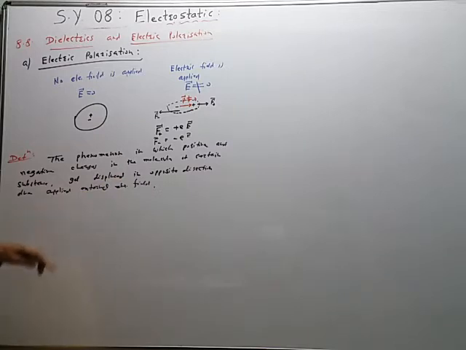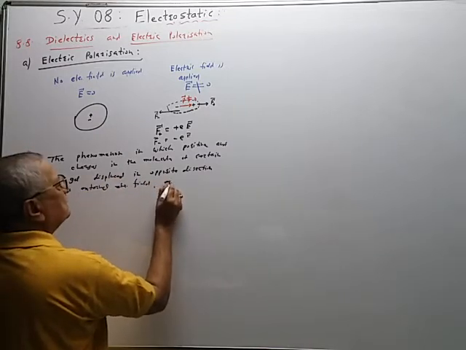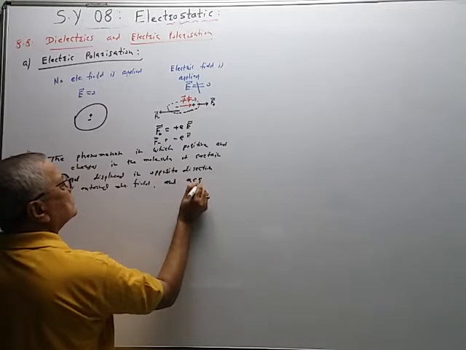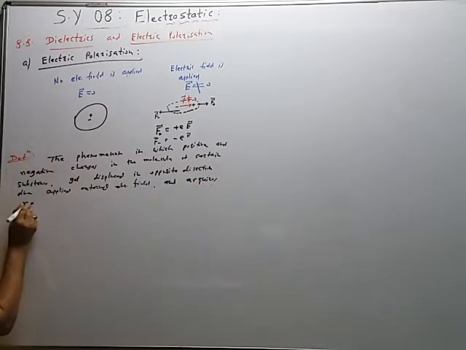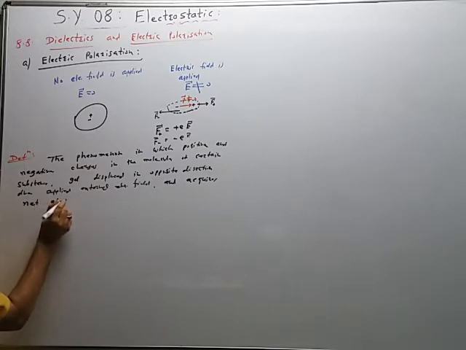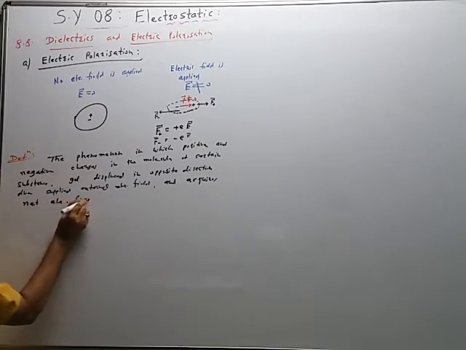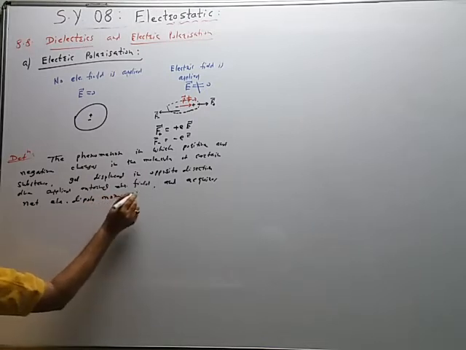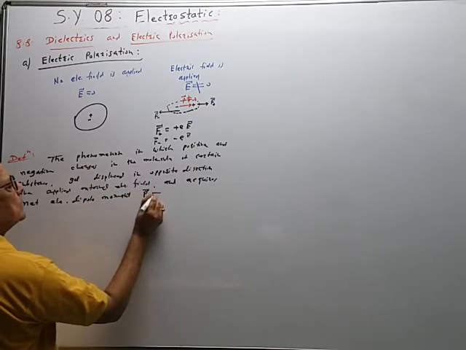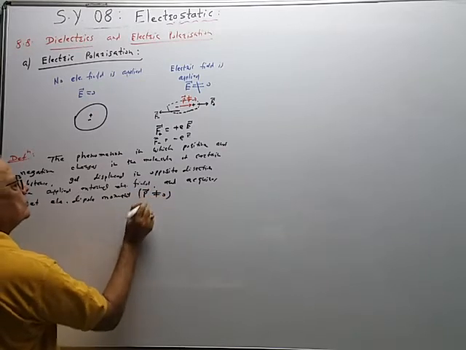The phenomenon in which positive and negative charges in the molecule of a certain substance get displaced in opposite direction due to the applied external field and acquire the net electric dipole moment. So electric dipole moment is denoted by P. It is a vector quantity, it is not zero.